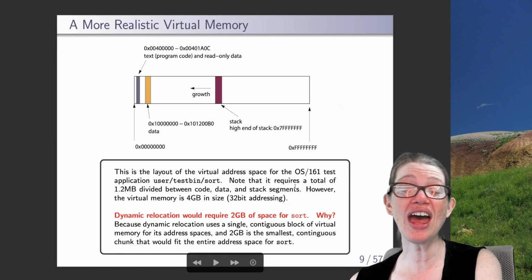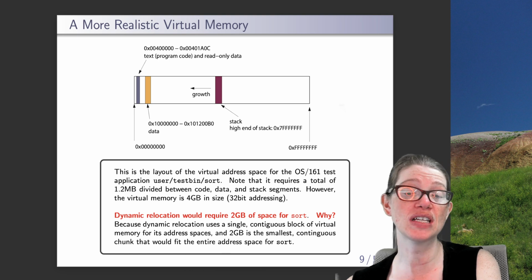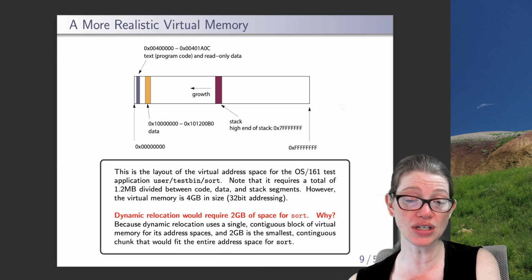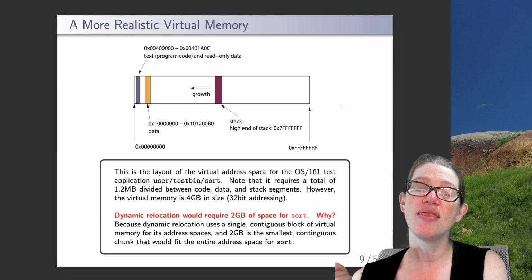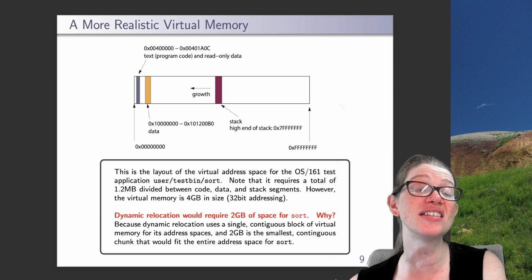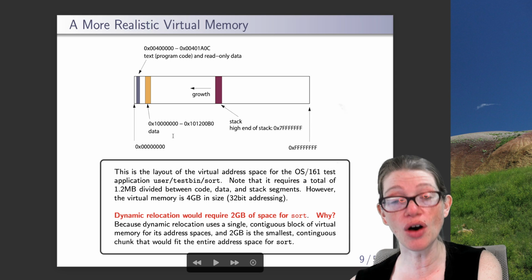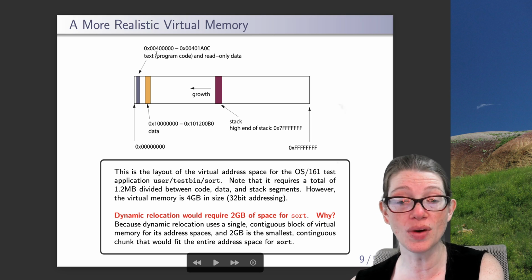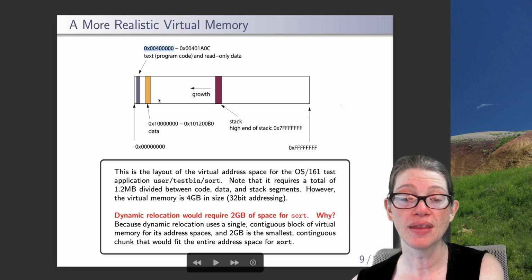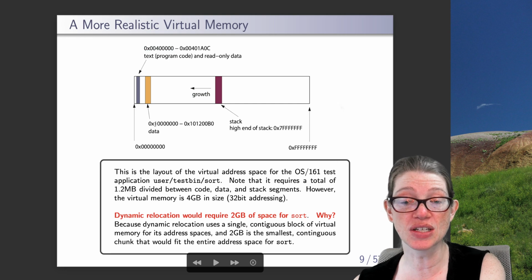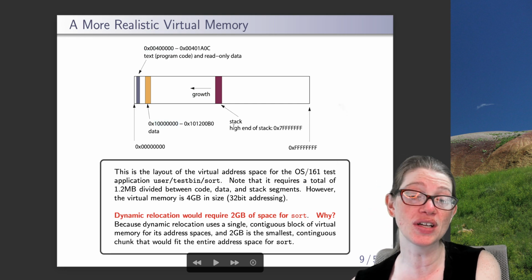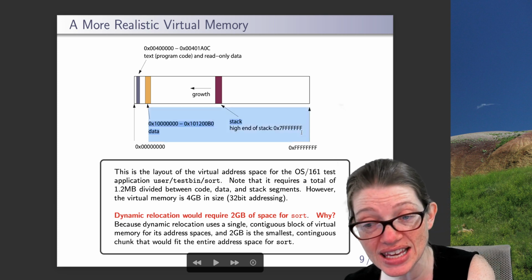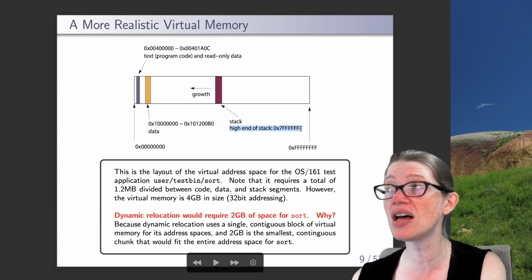However, if we look at how real address spaces are laid out, we note that due to the layout, they're all technically the same size. So the code segment in OS 161 always starts at this address here. And the data segment in OS 161 always starts at this address here. And the stack segment in OS 161 always is here. Always, always, always.